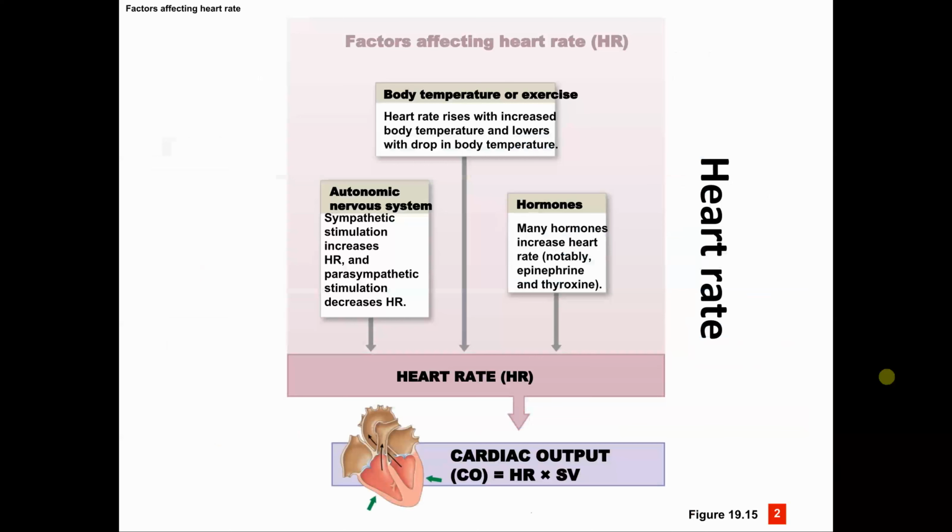Body temperature and exercise. So your heart rate is going to increase when you're warmer and lowers when you're colder. And then it's going to increase when you're exercising. And then hormones involved in that: epinephrine, norepinephrine, thyroxine. Where's that from? What organ? Thyroid. Yep.